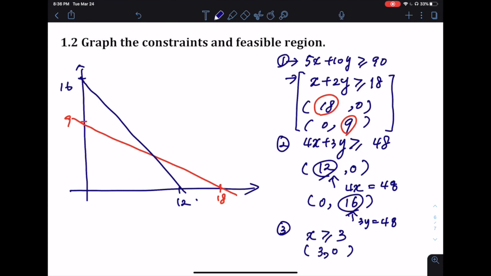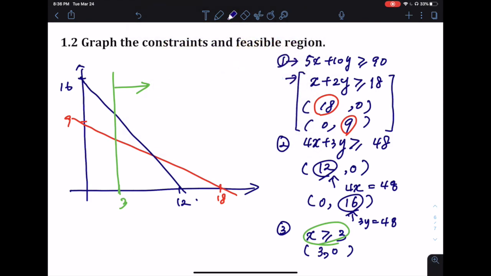The third one is x is greater than or equal to 3. So let me use this, 3, and here we have this line. Let's look at each of these constraints. The last one is greater than or equal to, so the right side region must be selected.